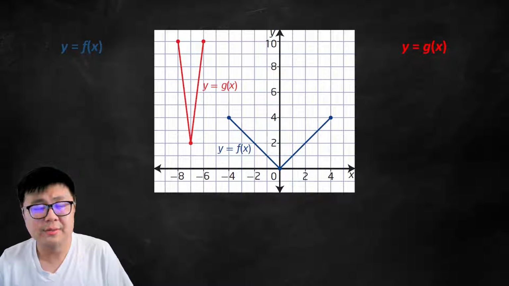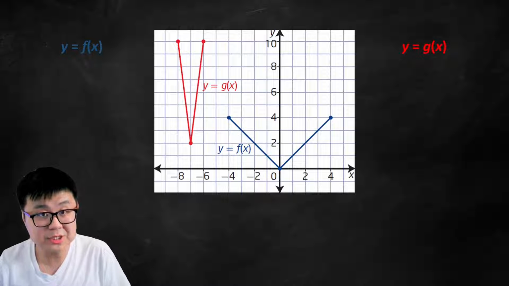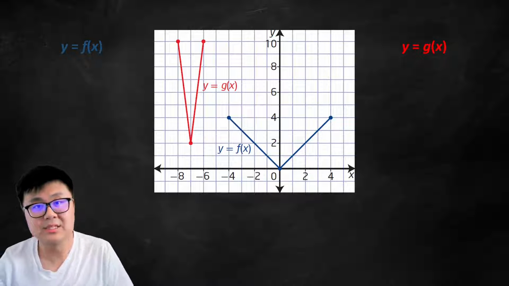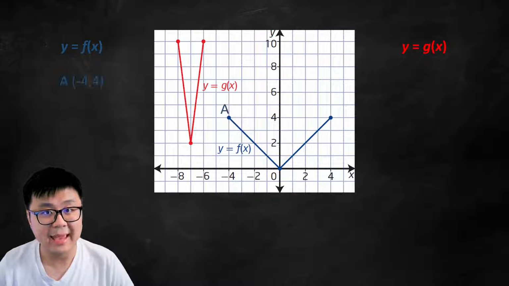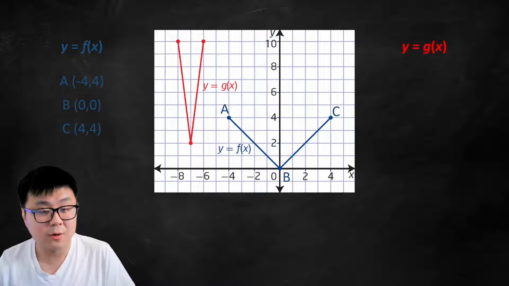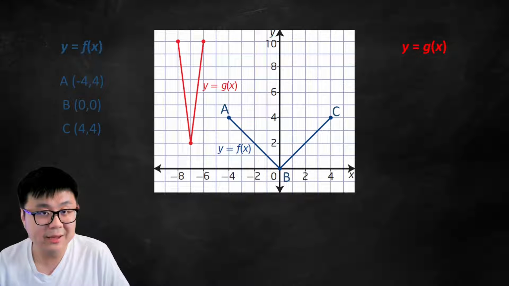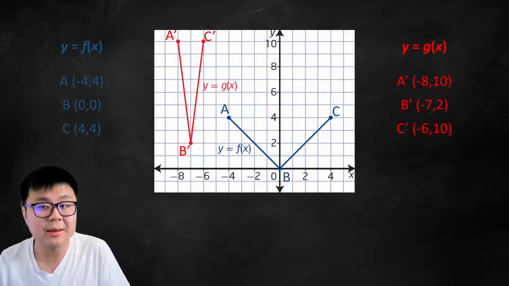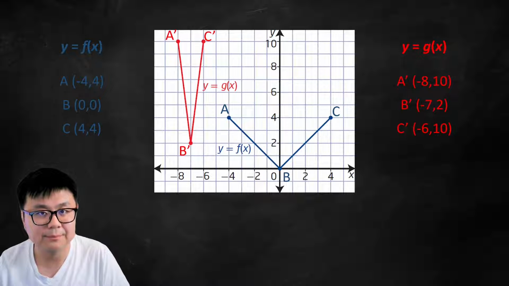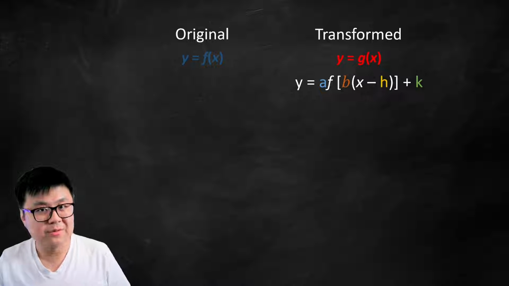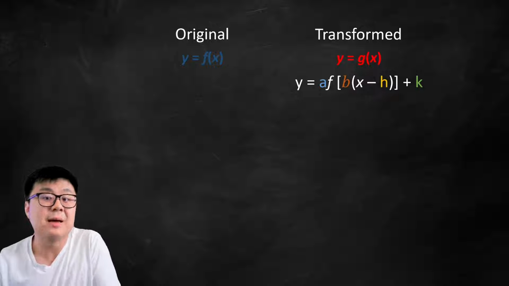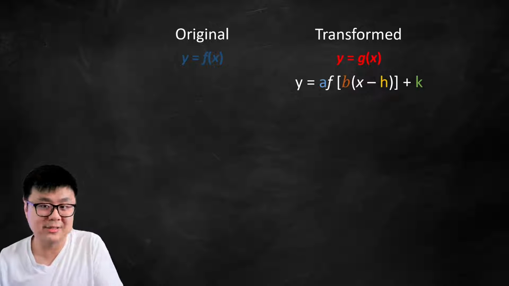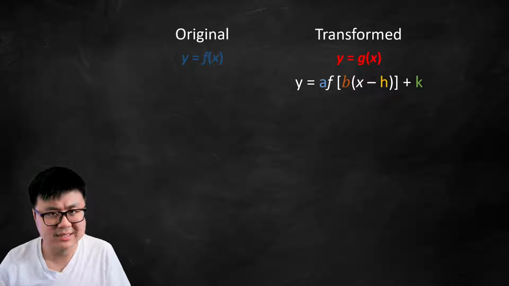We want to figure out the points on the original function and their corresponding points on the new transformed function. On the original function, we have point A, B, and C, and then correspondingly on the new function of y equals g of x, we have A prime, B prime, and C prime. Again, we know that the original function is y equals f of x, and the transformed function is y equals g of x, but they want it in the form of y equals a f of b of x minus h plus k.